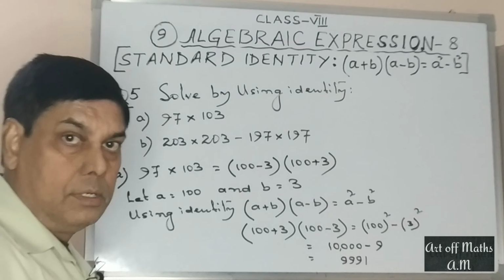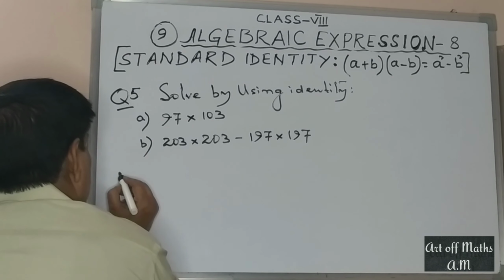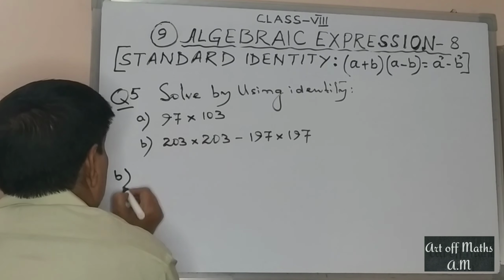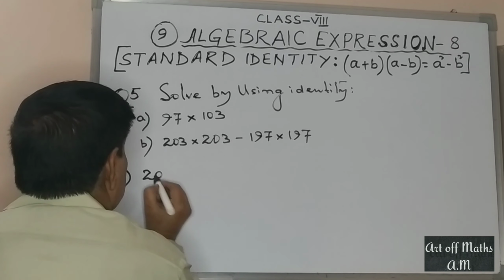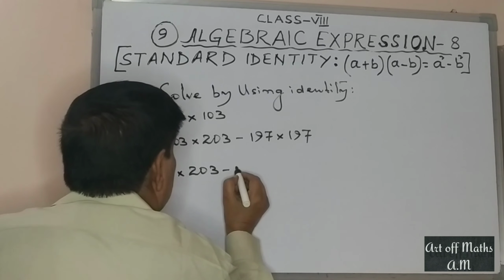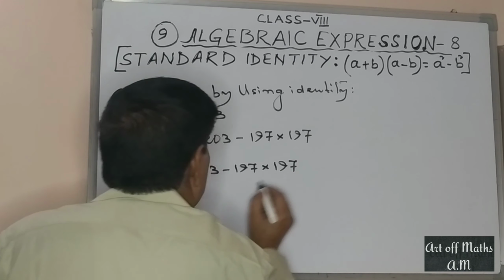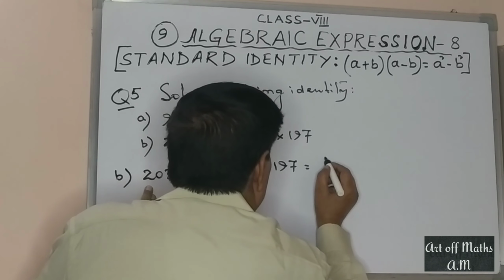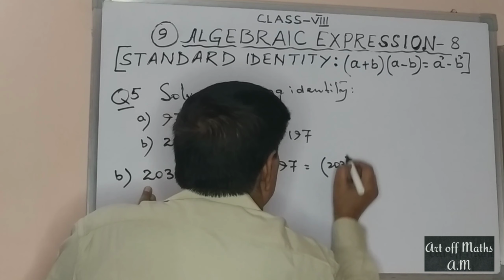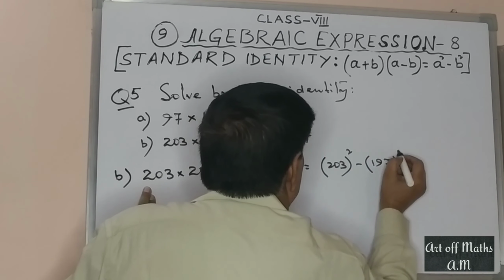Now coming to the second one. I am taking up the b part, that means 203 into 203 minus 197 into 197. We can write in this way: 203 square minus 197 square.